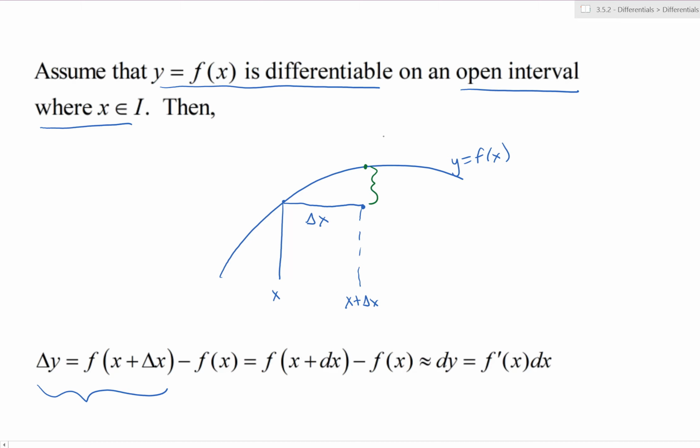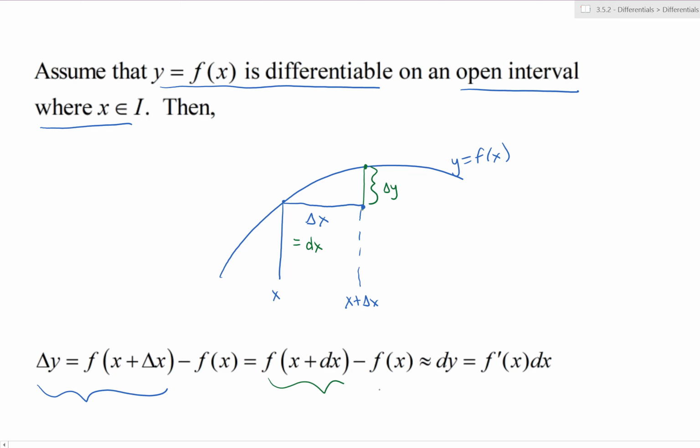At that location, at the top, that's the value of the function f at x plus delta x. So if I take the value of f at x plus delta x and subtract from that f of x, I get that change. That's my delta y, like we saw in the other picture. However, as we've also discussed, since x is the independent variable, delta x is really the same thing as dx.